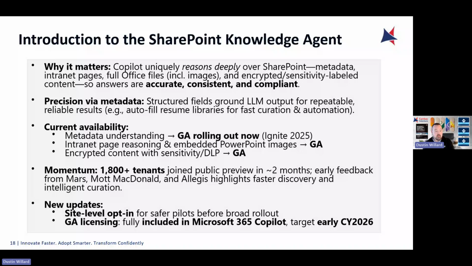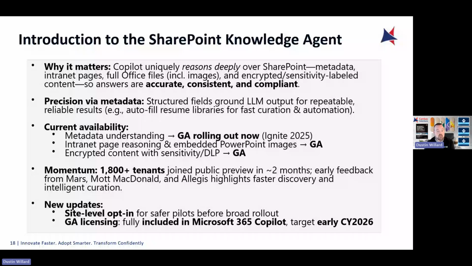And early feedback from Mars, who makes M&Ms, and Mount McDonald and Allegis highlight faster discovery and intelligent curation, meaning they're finding things quicker, they're getting the right information, and it's not hallucinating as much. It's giving the proper information, and they're able to search and find things too because the metadata is already there and doesn't require user intervention. It just does it itself using the power of AI.